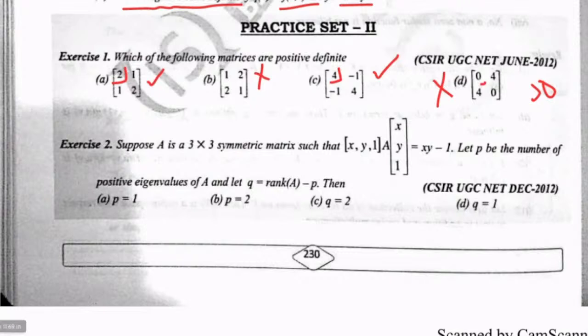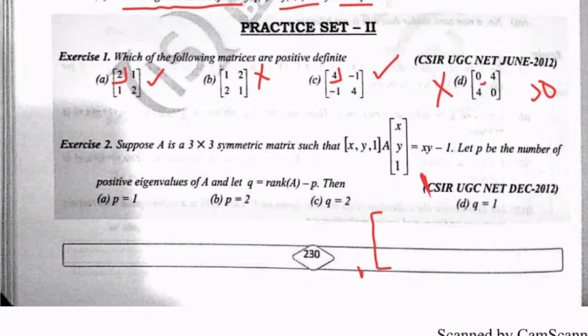Here, suppose A is a 3 by 3 matrix defined by the quadratic form xy minus 1. Let P be the number of positive eigenvalues, and Q is equal to rank of A minus P. Then we have to find the value of P. So we have to find the matrix A. Matrix A is nothing but x into y. The z column is nothing but a constant column.